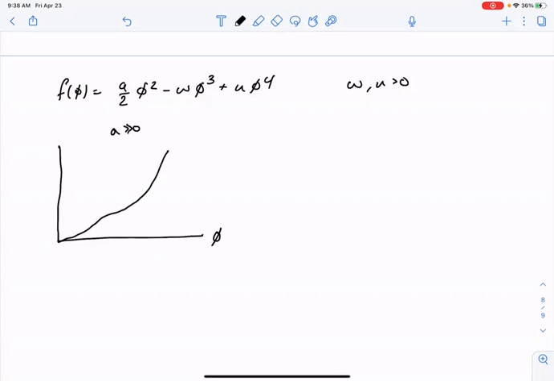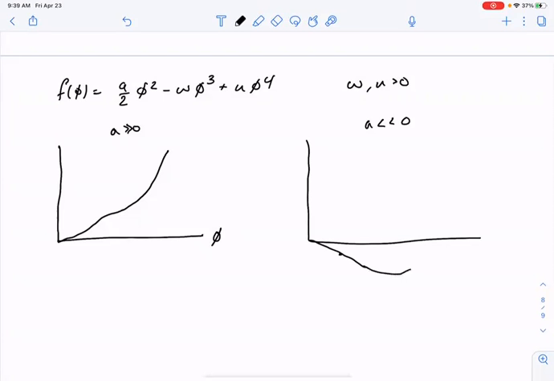Eventually u will dominate. If A is very negative, well, I will decrease initially, decrease even more due to the cubic term, but eventually positive u will win out.